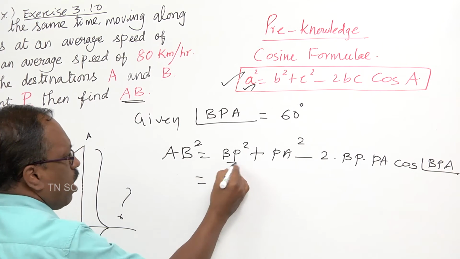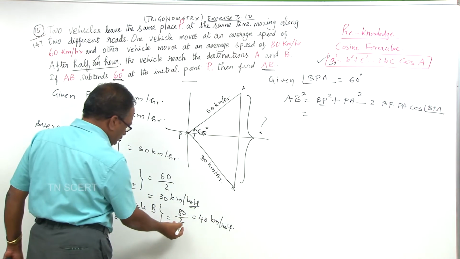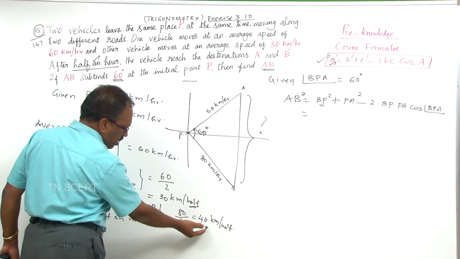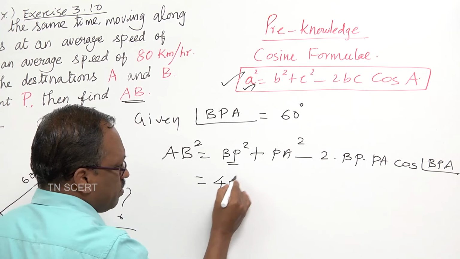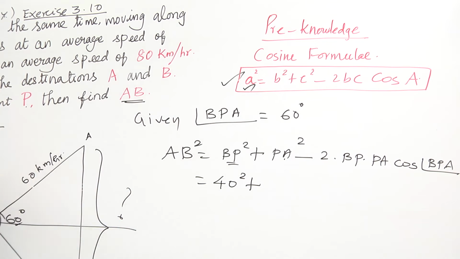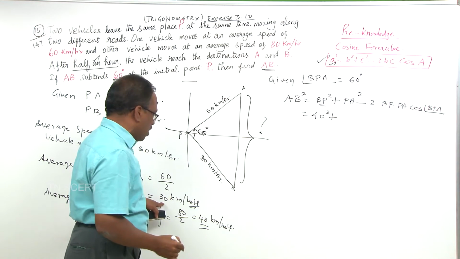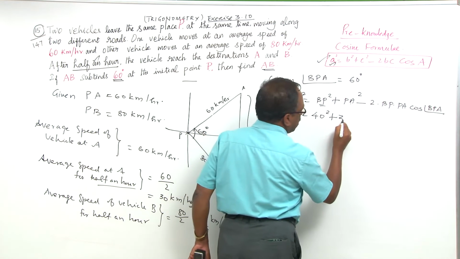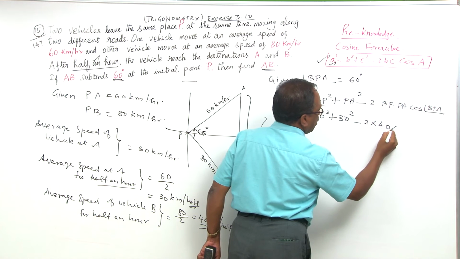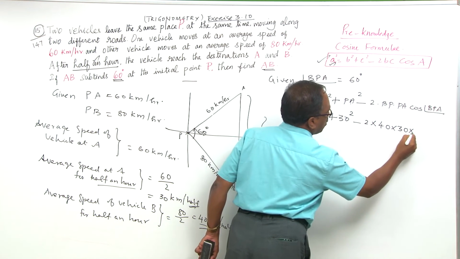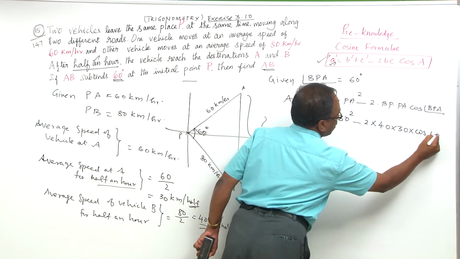So PB square, according to this, I have the value here, is nothing but 40. So 40 square here. And PA square is how much? This is already we calculated, it is 30. So 30 square minus 2 into 40 into 30 into cos 60 degree.